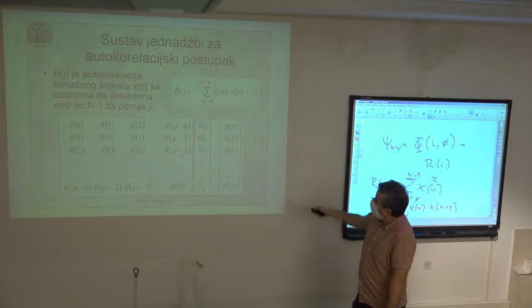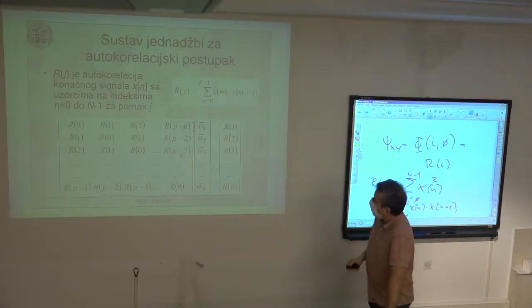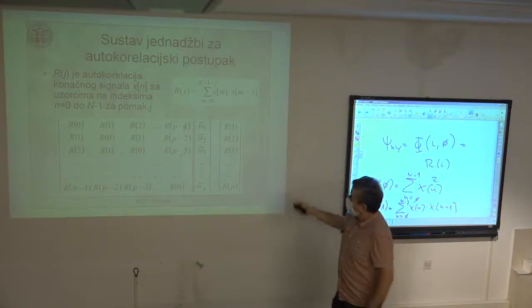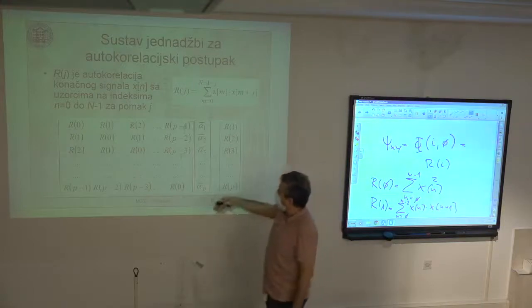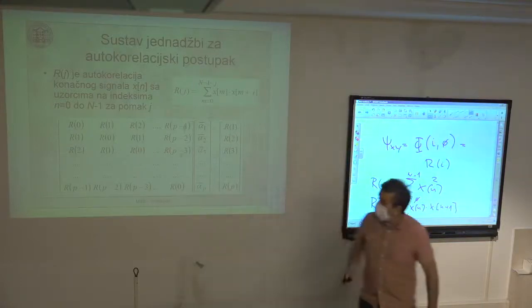So their absolute value is less than 1, less than unity, and this ensures the reconstruction filter to be stable. So the inverse filter A of z, all of its roots, which are also the poles of H of z, are within the unit circle.